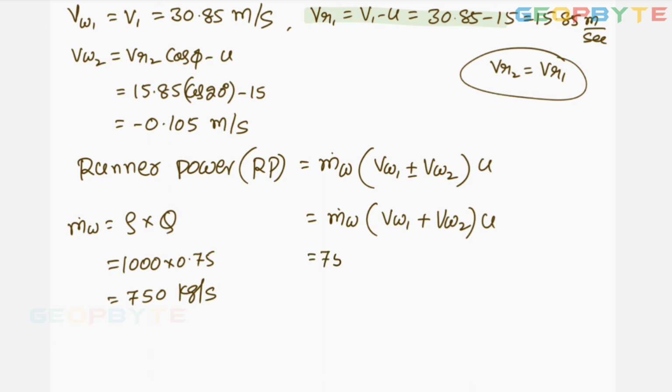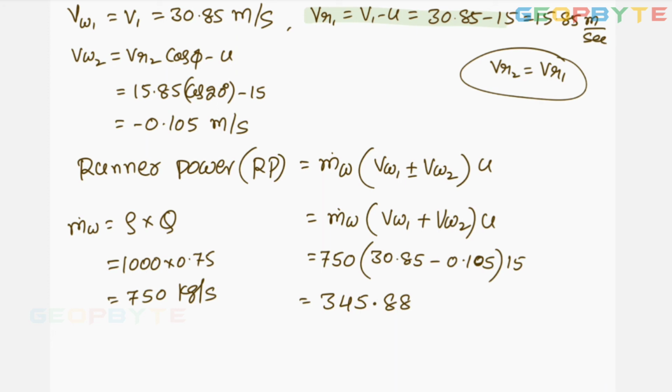It is equal to 750 into VW1, 30.85, minus VW2, 0.105, into U. U is 15. Simplify this value. I got 345.88 directly.